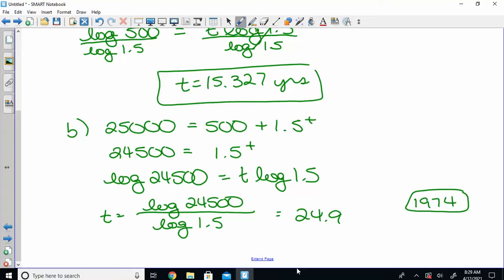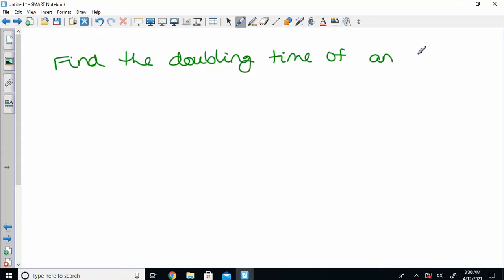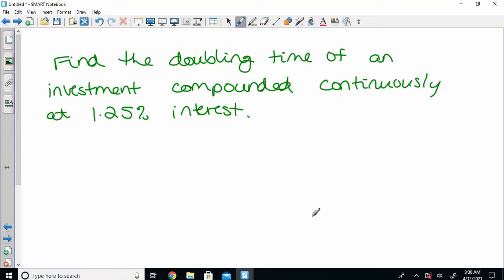What if we had several of these like on our homework? I didn't put one on the study guide phrased the same way, but what if I told you to find the doubling time of an investment compounded continuously at 1.25% interest?